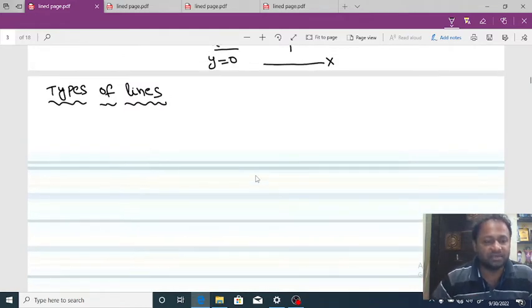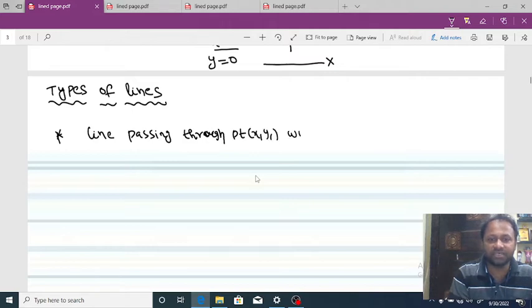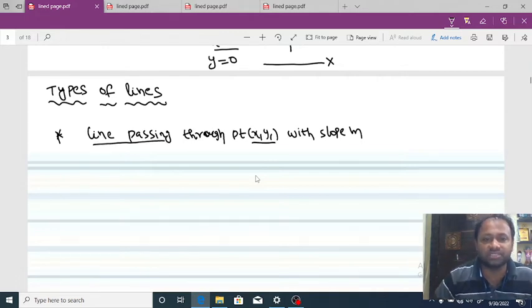The first one is the line passing through the point x1 comma y1 with slope m.